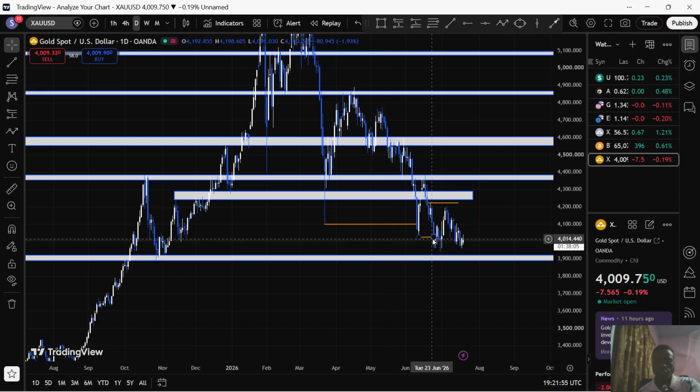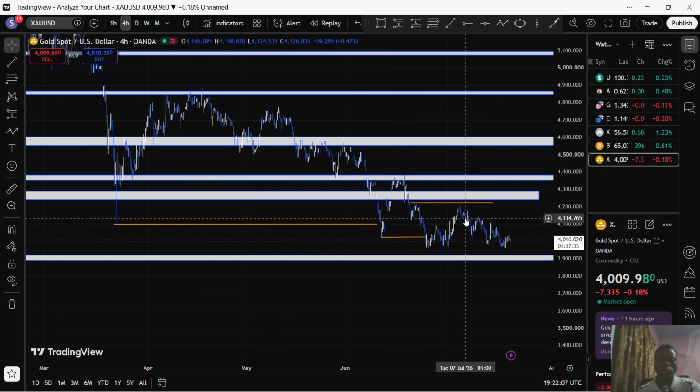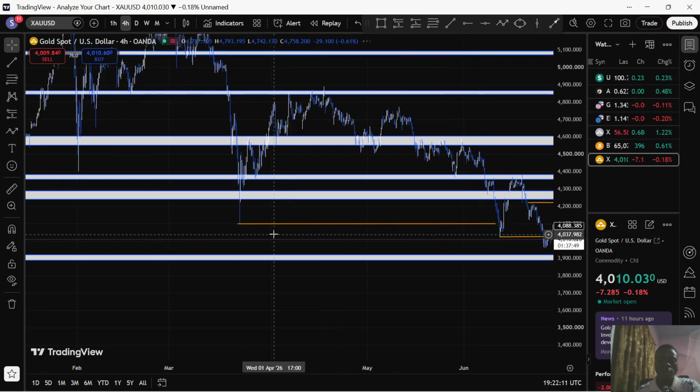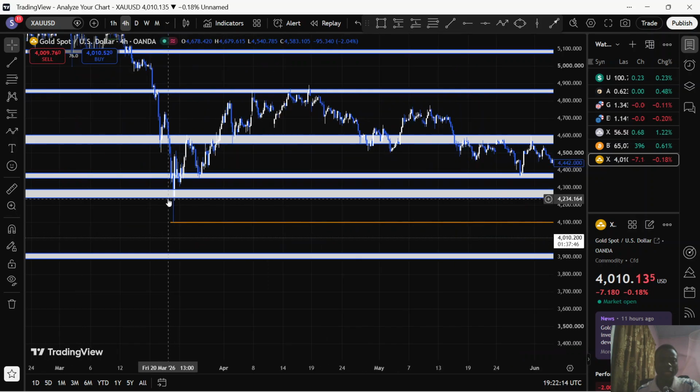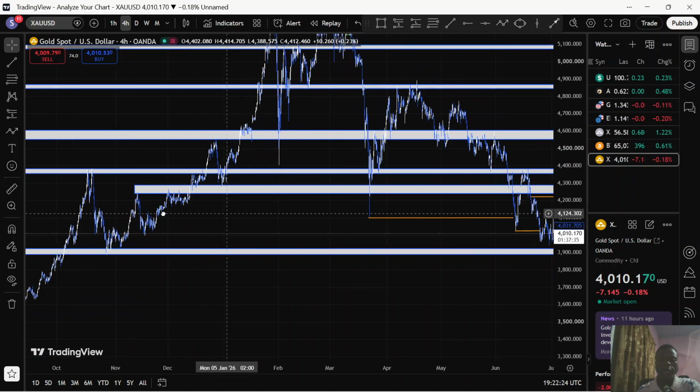We had this break of structure. I was expecting the market to give us a pullback into this. You can see here we had a perfect daily resistance zone at this point, which if you go further to the left, you will notice that that zone is quite strong.